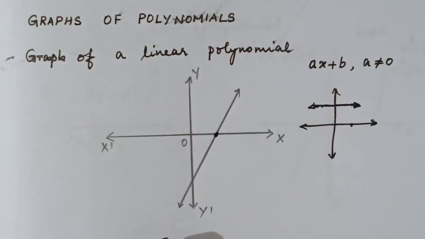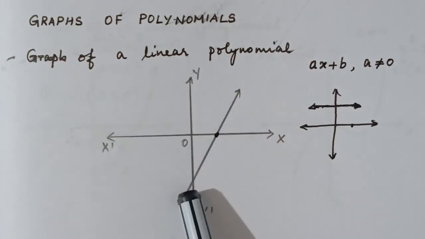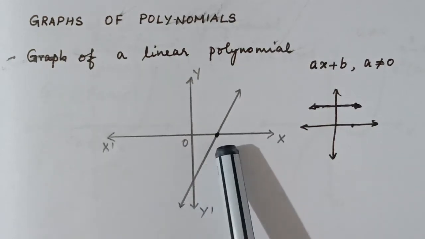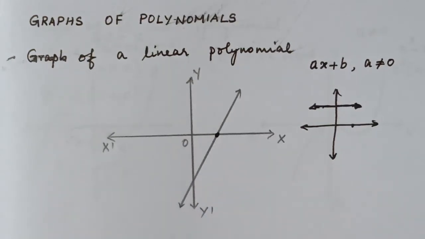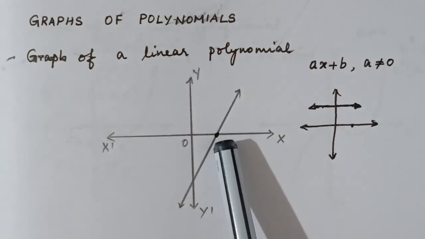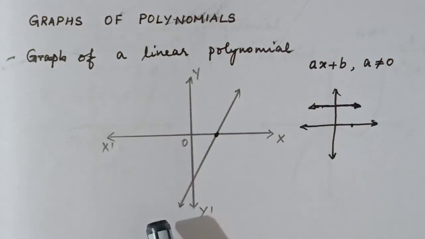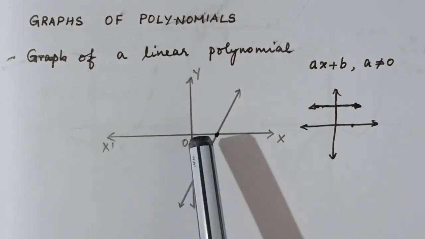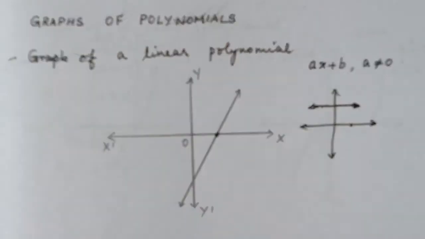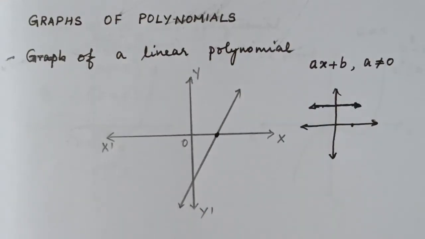So what you have to do is just check whether the graph of the polynomial touches the x-axis and at how many points it touches the x-axis. If it touches the x-axis at only 1 point, that shows that it has got 1 zero. Now I am talking about a linear polynomial, and of course a linear polynomial has got only 1 zero. And the degree of a linear polynomial is 1.